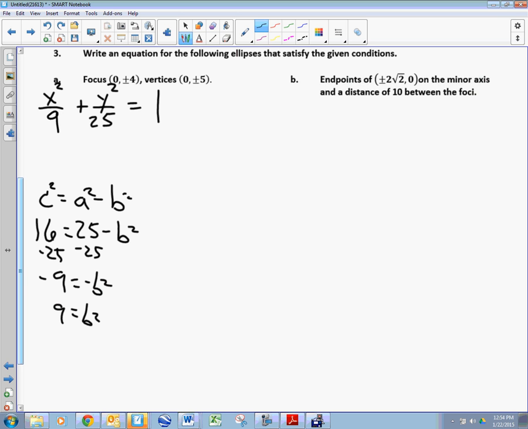0 on the minor axis and a distance of 10 between the foci. So endpoints of plus or minus 2 roots of 2, 0. Is that the minor axis or the major axis? Minor. Is that on the x-axis or the y-axis? X-axis. So if the minor axis is along the x-axis, is this going to be stretched x or y?